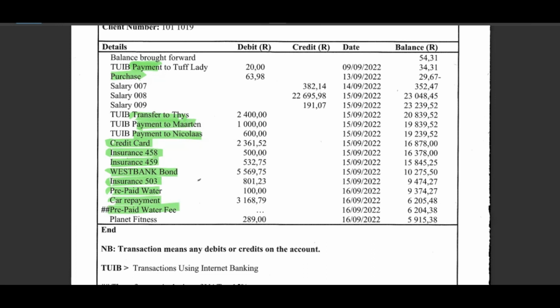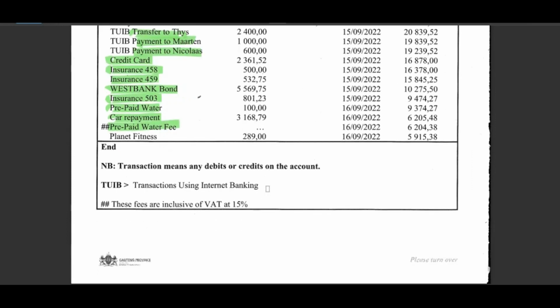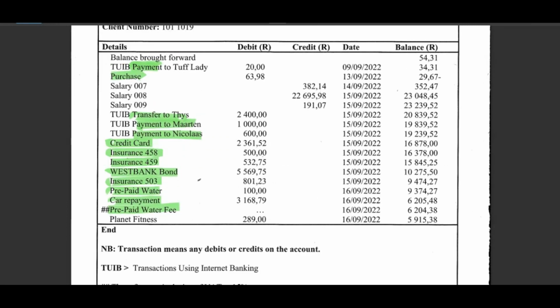So here we have the transactions are 1, 2, 3, 4, 5, 6, 7, 8, 9, 10, 11, 12, 13. Yeah, 13 transactions.